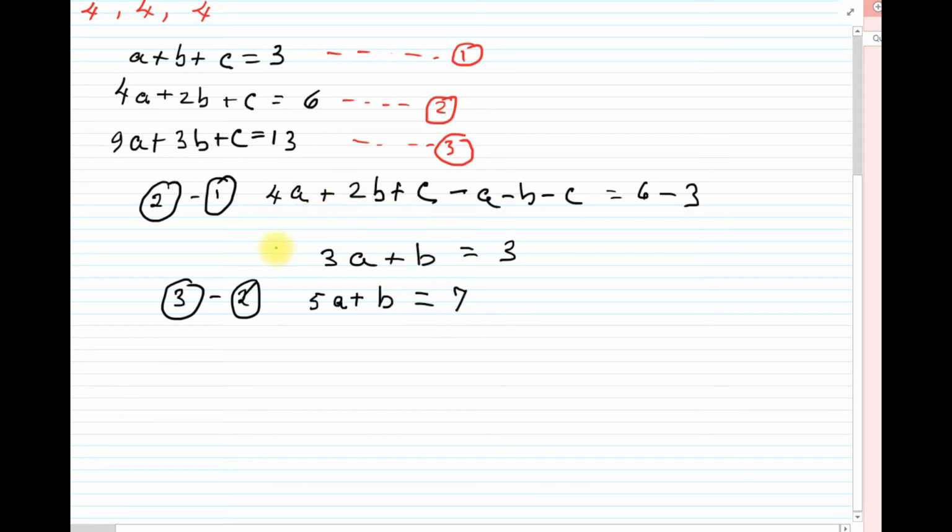Okay, here now I have another 2 equations. We've eliminated the variable c. So I'm going to take away the top one from the bottom one. So 5a plus b minus 3a minus b gives me 2a, and b minus b cancel, is equal to 7 minus 3, which is 4. So 2a is equal to 4, which means a is equal to 2.